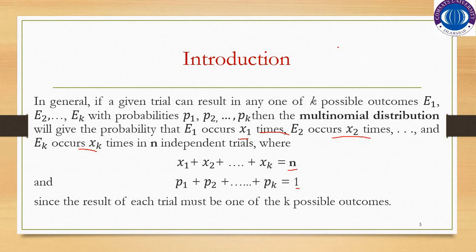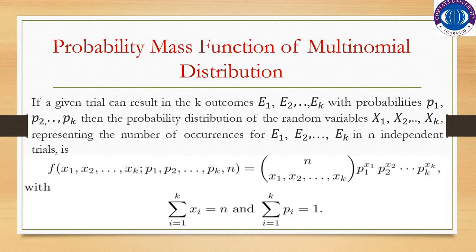In the case of binomial, we have two possible outcomes P and Q, and we know that P plus Q will be equal to 1. So in the case of multinomial, we have P1, P2 till Pk. When we sum up, it will give us the probability 1, since the result of each trial must be one of the k possible outcomes.